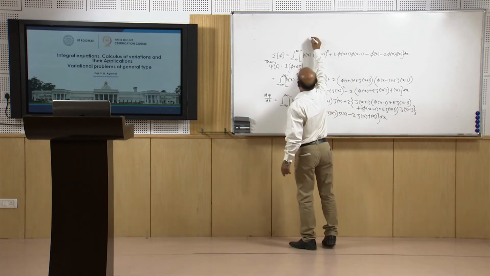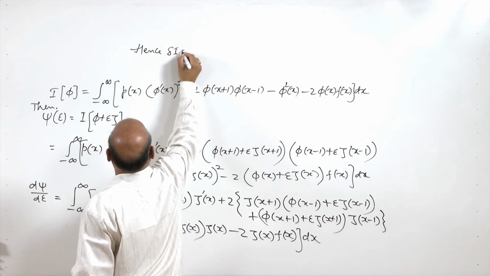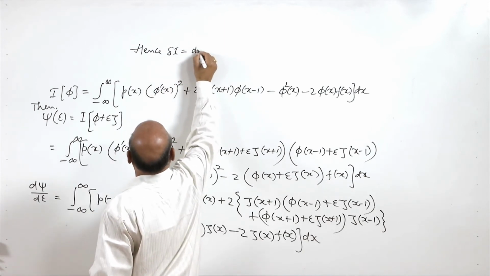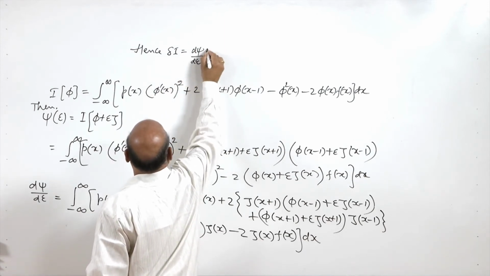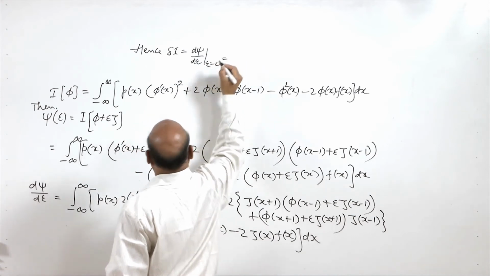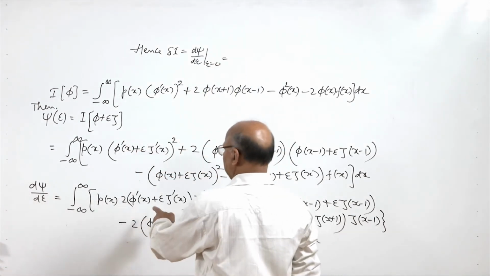So then delta I is equal to what we will put epsilon equal to 0 here.